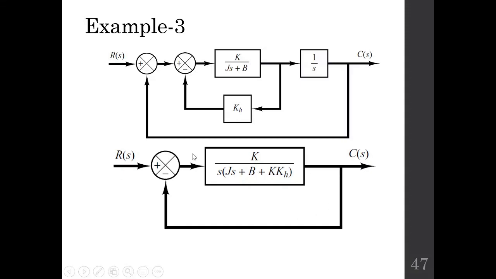And we need to convert this into its final transfer function form, which is given here. So this is the transfer function of the overall system, C(s)/R(s) = K / (Js² + (B + K·Kh)s + K).